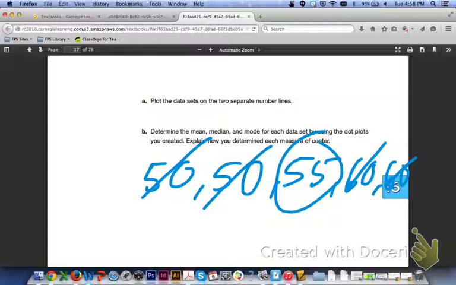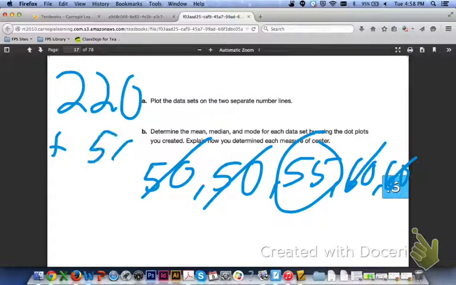And 220 plus 55, if that's tougher for you, make sure that you add that together. 220 plus 55 would be 275. Okay, so that's the total of the values. Now I can divide 275 by 5 to figure out the mean.